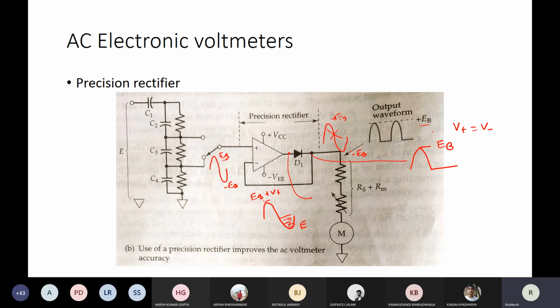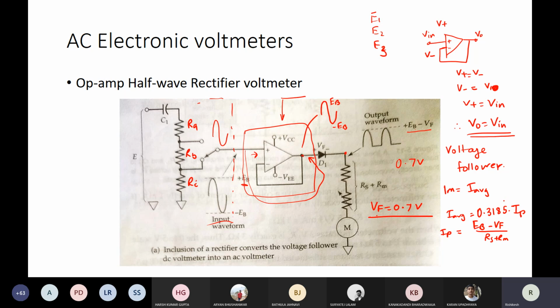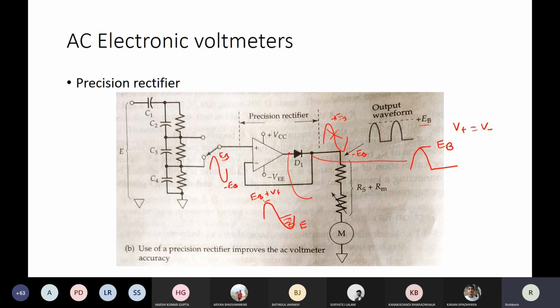So isn't it advantageous that we have got rid of the undesirable effect of the diode, that is VF, but also got the rectification operation, and the subsequent calculation remains exactly the same, just that this minus VF will not appear now in the calculation. It will be simply EB by RS plus RM, and by varying this resistance you can calibrate it for the required range of E. Okay, so this is how it is done.